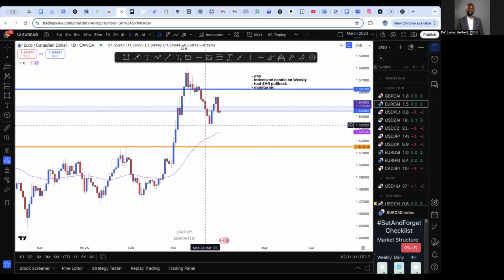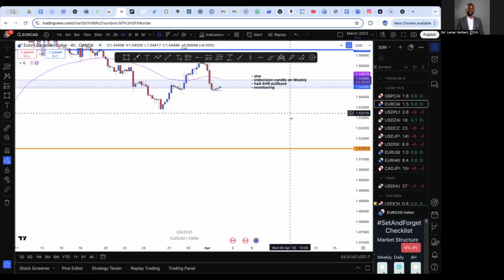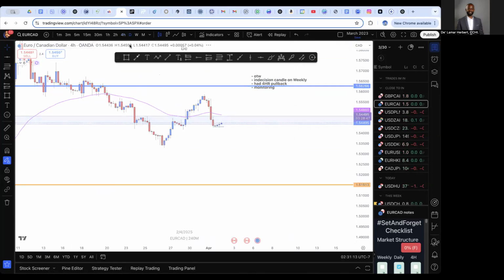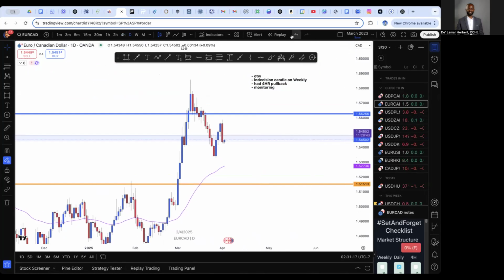Euro CAD, okay, daily, we had that break and pullback. Let me take a picture of this because I want to ask my mentor about this pullback here.